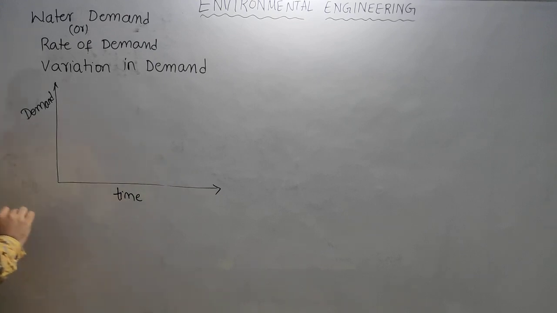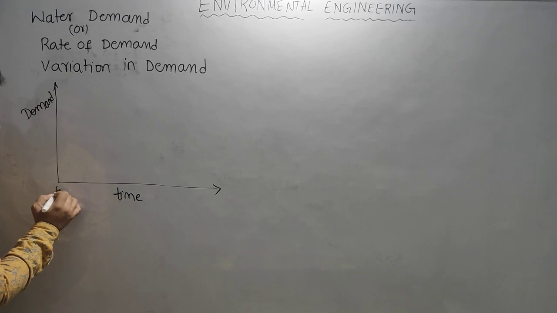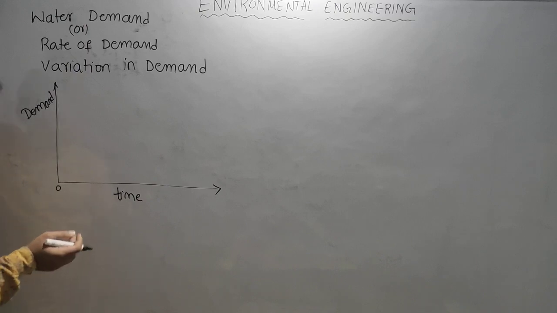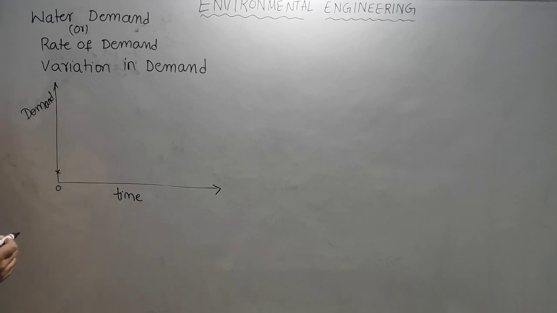Let us take a look at how the demand varies with the time. So I am taking one day into consideration. Midnight, 12 a.m. There will be some consumption during the midnight, some people are consuming it, but the demand will be very less during the midnight.